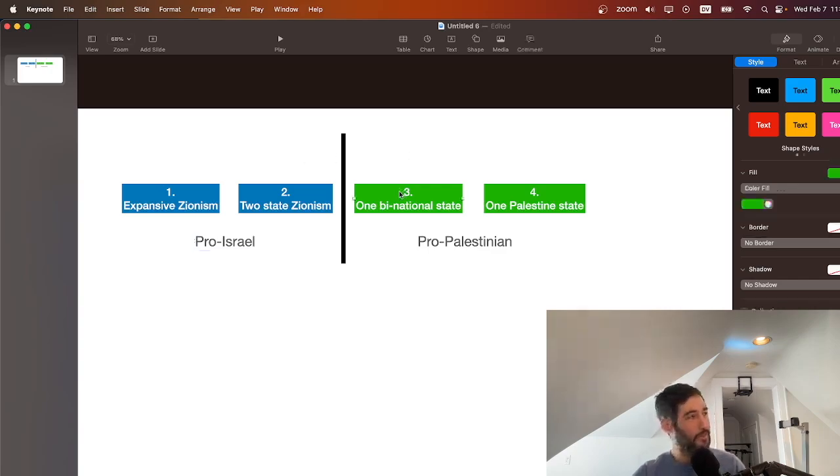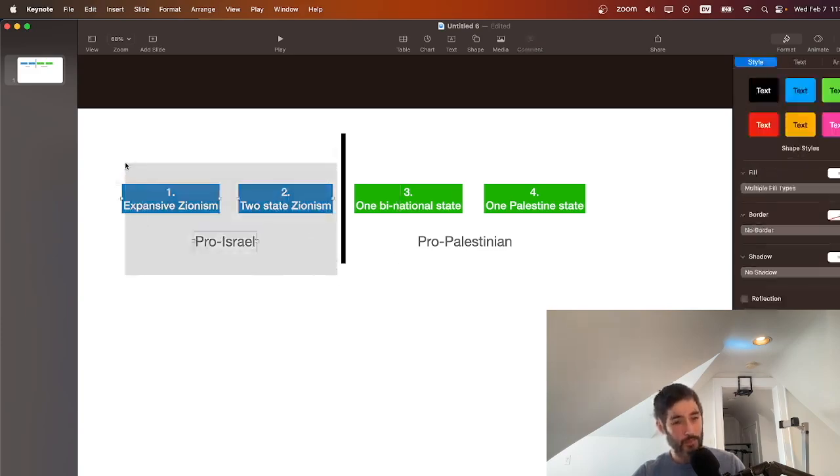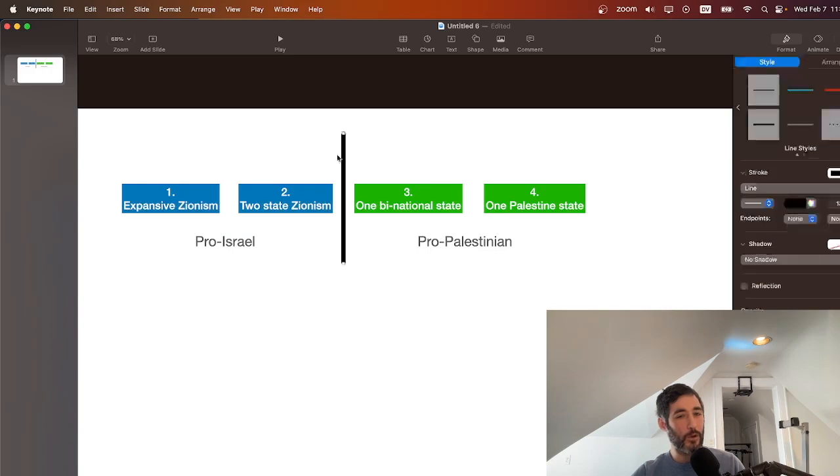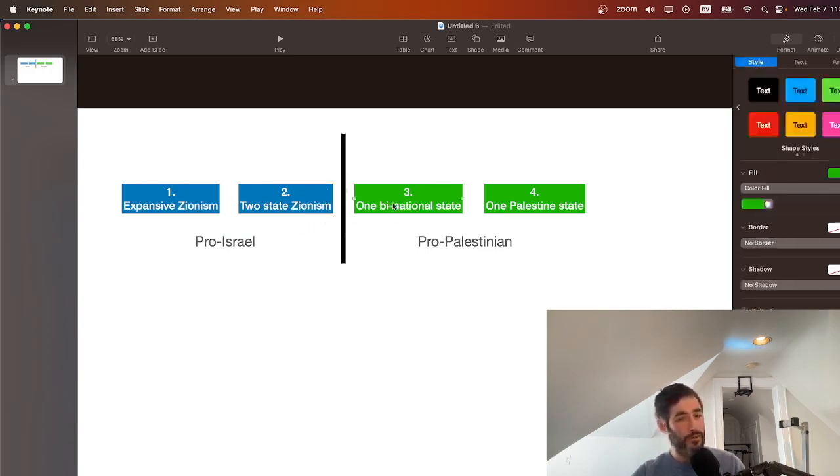Because the one binational state, category 3, is coexistence. Okay? So within Israel and within the Zionist world, this is how far you can go and still be a Zionist. You can go up to this line and still be a Zionist. Once you cross this line, you're no longer a Zionist. And in the Jewish world, you risk a certain level of being ostracized, right? You're no longer welcome in certain Orthodox communities, for example.